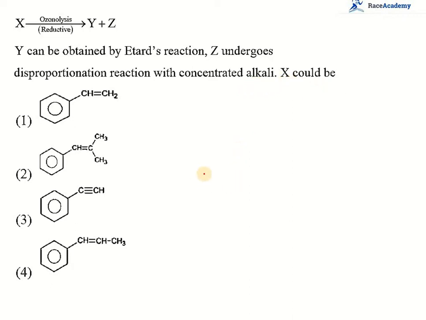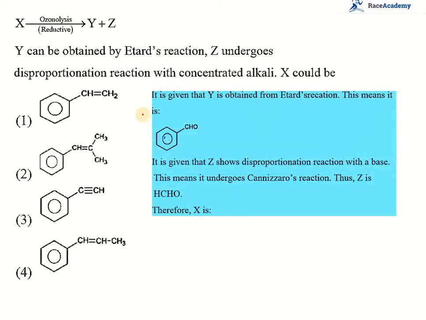We know that with concentrated alkali Cannizzaro reaction is possible, and Etard reaction is possible with benzaldehyde. So Y obtained by Etard reaction is benzaldehyde only, there is no doubt, and Z shows disproportionation reaction with alkali, meaning it undergoes Cannizzaro reaction. Z is nothing but formaldehyde.